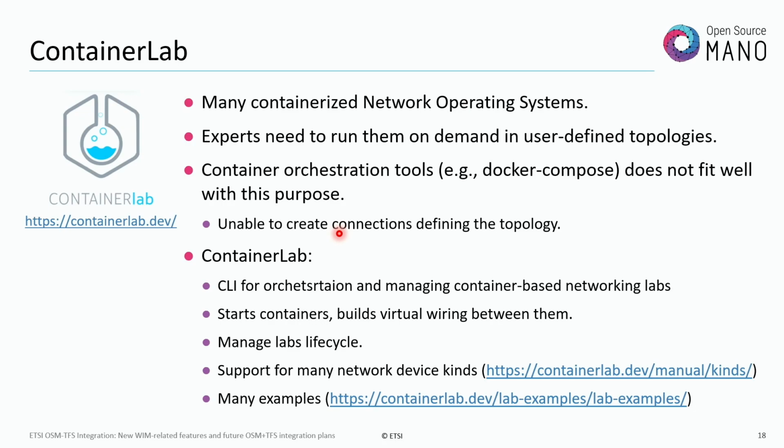The idea is that with Containerlab, you can deploy a set of Docker containers, each of them running the control plane and an emulated data plane for a network device. Then Containerlab also brings the capacity of creating virtual wires between these containers. So at the end, you can create a network topology. And the good point is that you can also expose some of the ports through physical ports in the machine where you are running Containerlab.